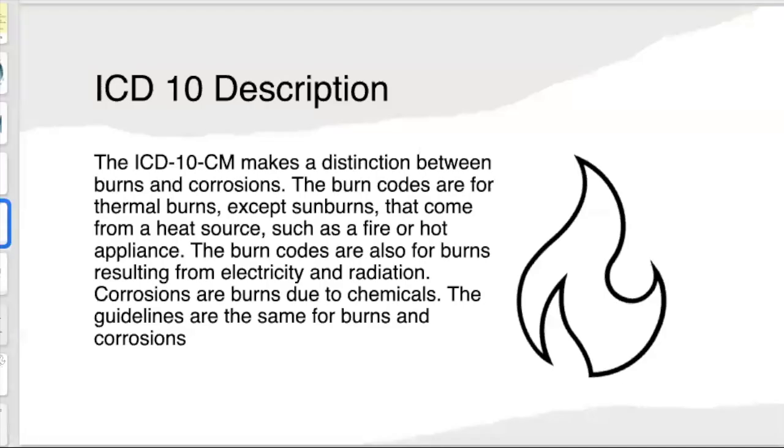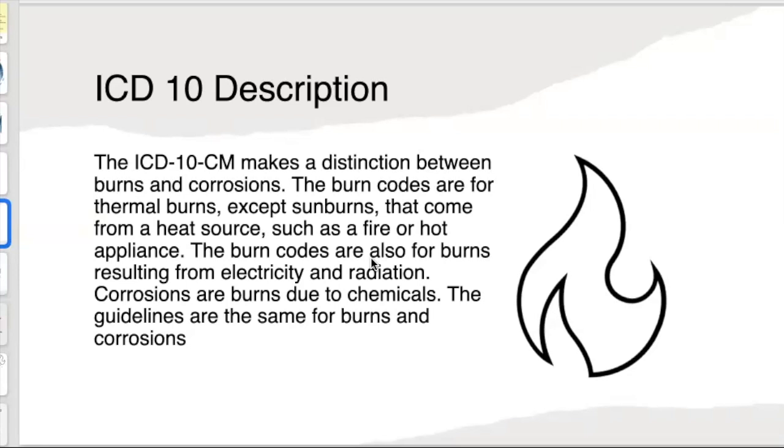Now, in terms of coding, guys, let's go to the ICD-10 description. Let's read this. The ICD-10-CM makes a distinction between burns and corrosions. The burn codes are for thermal burns, except sunburns, of course, that come from a heat source such as fire or a hot appliance. The burn codes are also for burns resulting from electricity and radiation.